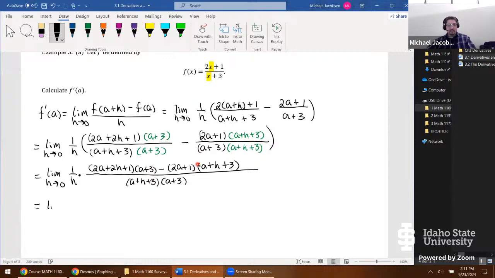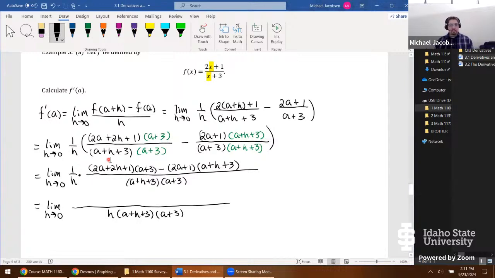So here it goes. It's the limit as h goes to 0. Because we're multiplying fractions, we can now just write one fraction bar. Thank goodness we don't need the least common denominator. We'll just multiply denominators through. h times a plus h plus 3 times a plus 3.